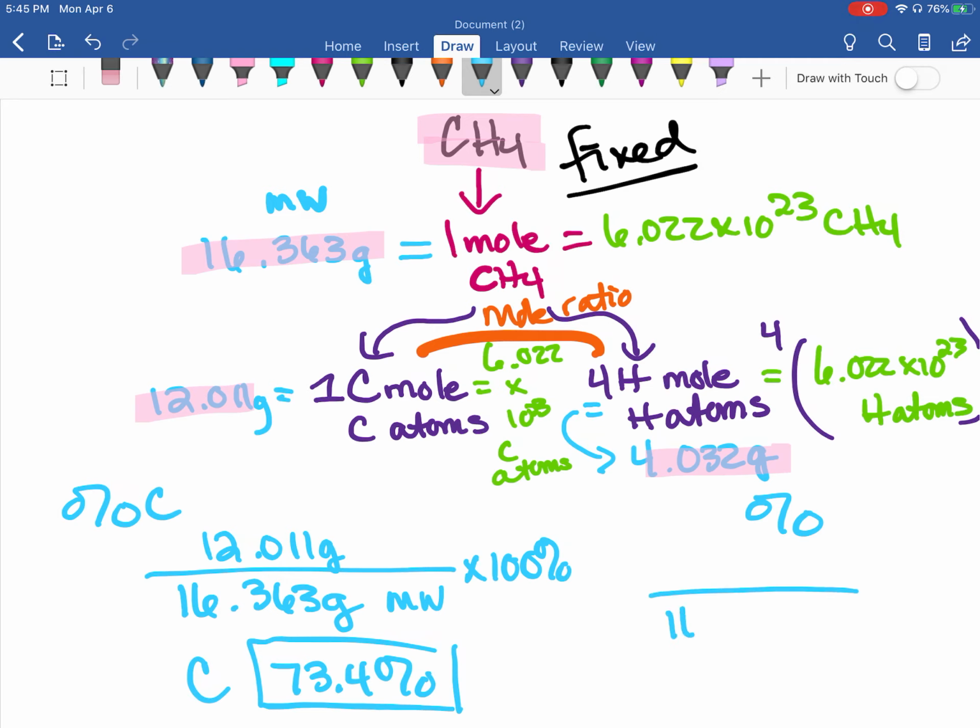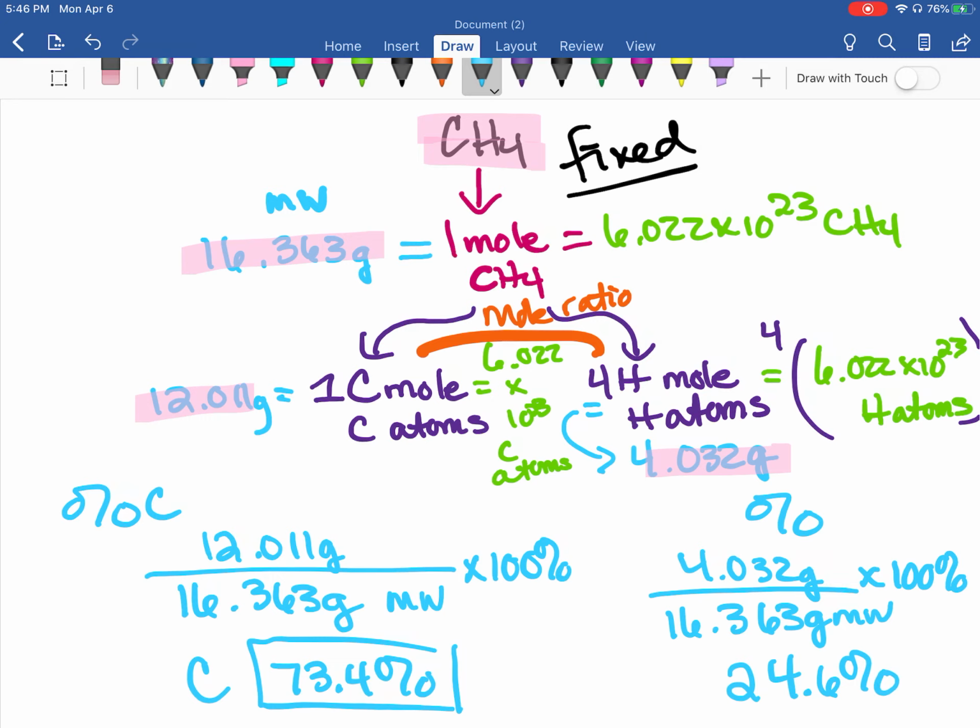Okay, out of that total, 4 grams then is hydrogen. So let's just double check, make sure we did that right. Let's do that math. Divided by 16.363. And I am getting 24.6%.